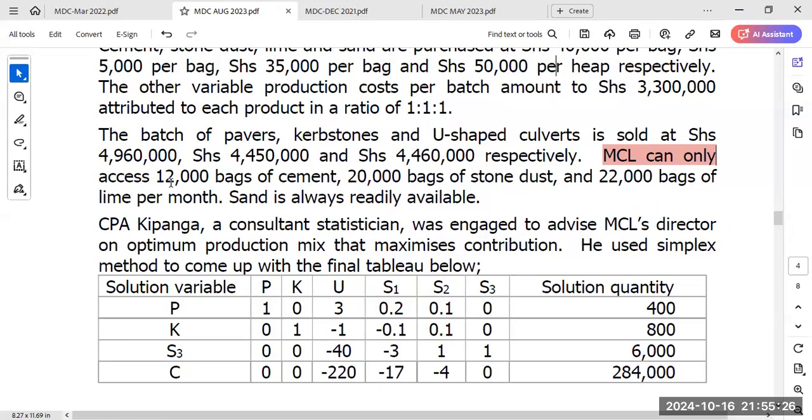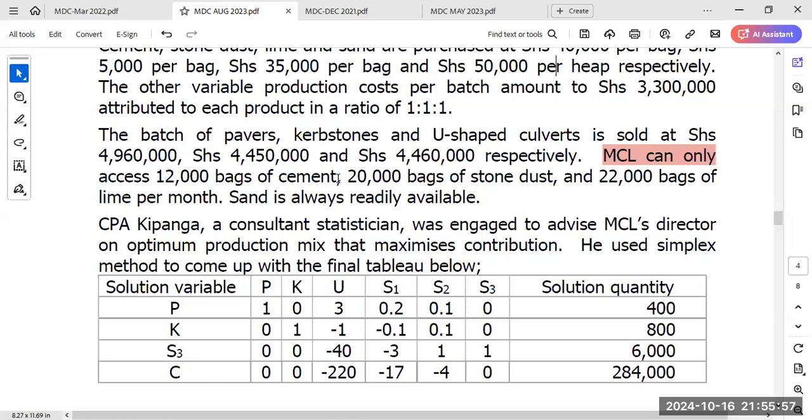You can only access 12,000 bags of cement, 20,000 bags of stone dust, and 22,000 bags of lime per month. You cannot access above that. So the inequality you're going to use here, colleagues, is what? Less or equal to. Is it clear, colleagues?